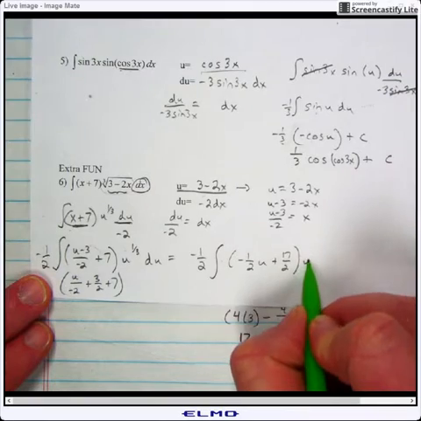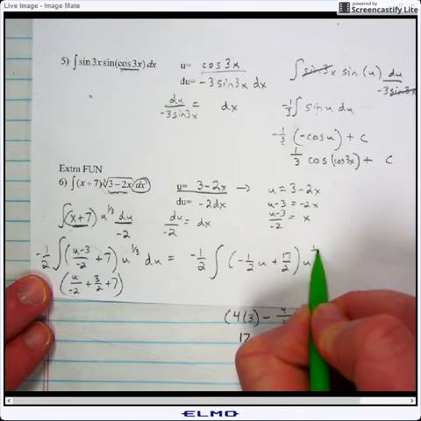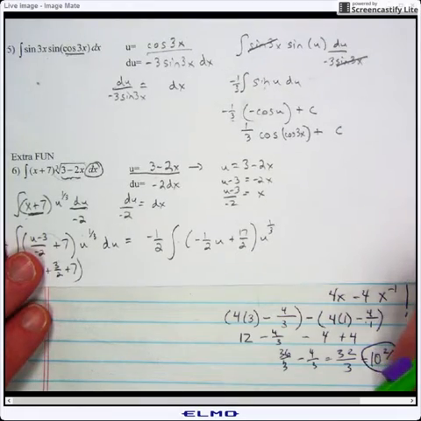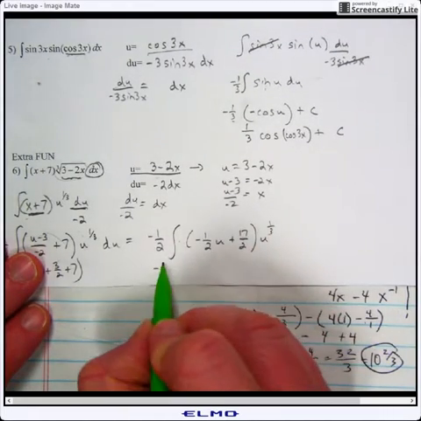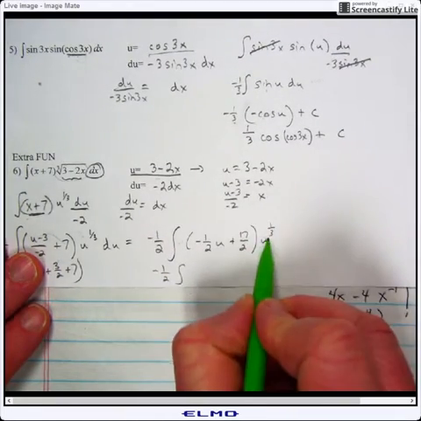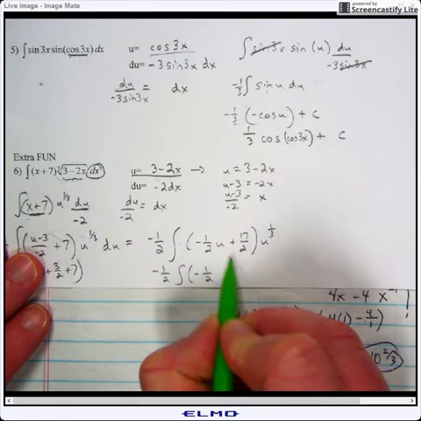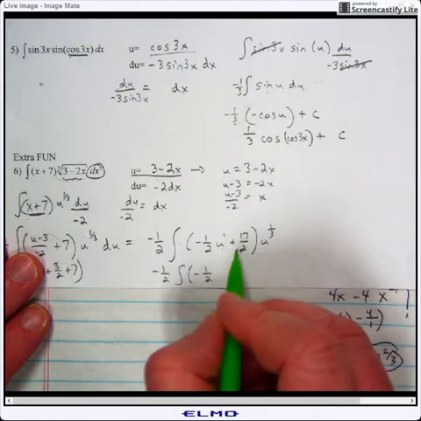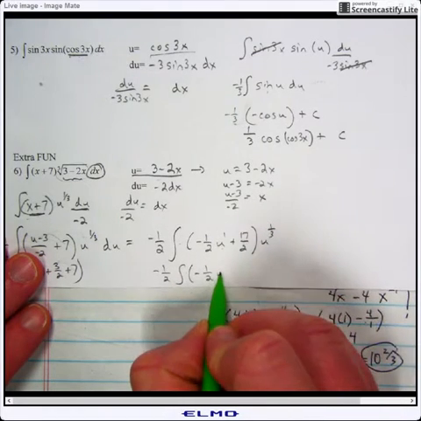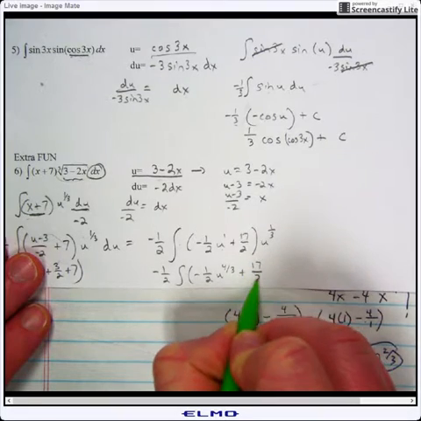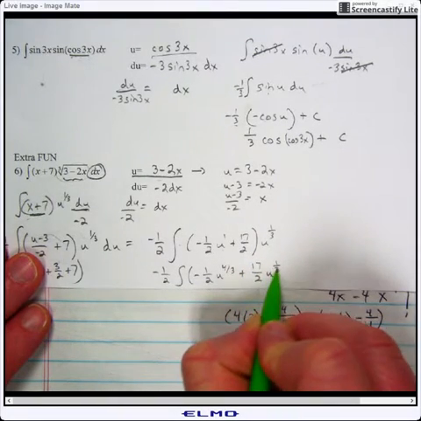And we're multiplying that all by u to the 1/3. Don't worry, it's getting nicer. So I'm going to distribute. Still haven't integrated yet. So I have -1/2 u to the first times u to the 1/3 is u to the 4/3 plus 17 halves u to the 1/3.